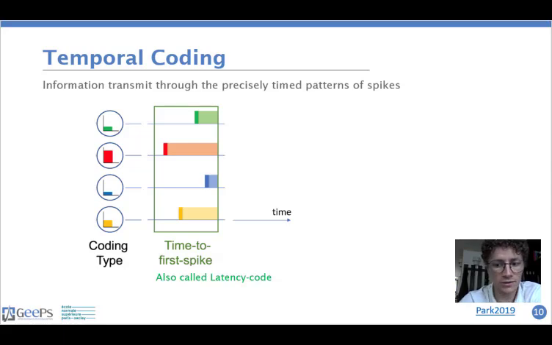I won't say more about those coding methods right now, because I will give more explanation in a few slides. But this is a very appreciated method because it's very fast, and it does not imply that many spikes, and spikes are energy consuming. So this is appreciated in neuromorphic circuits and neuromorphic computing.